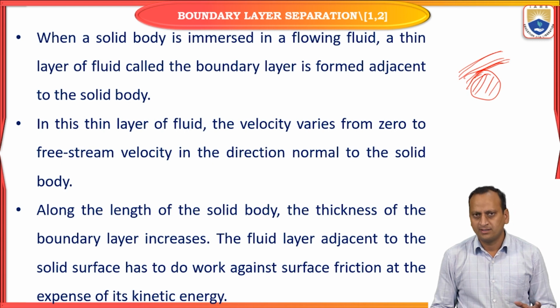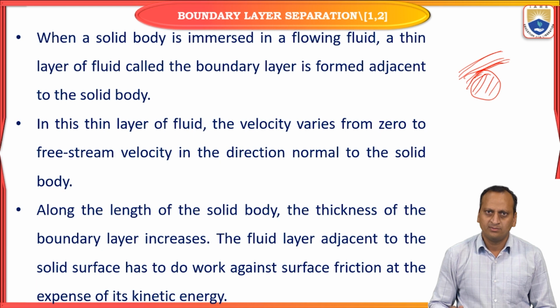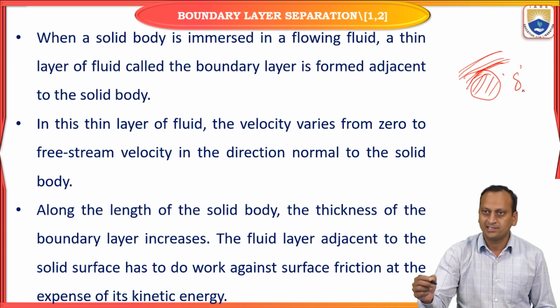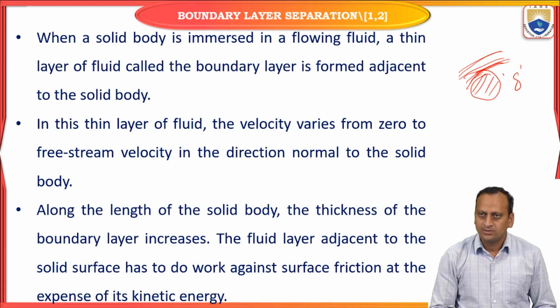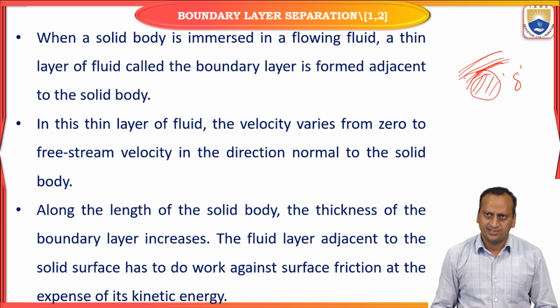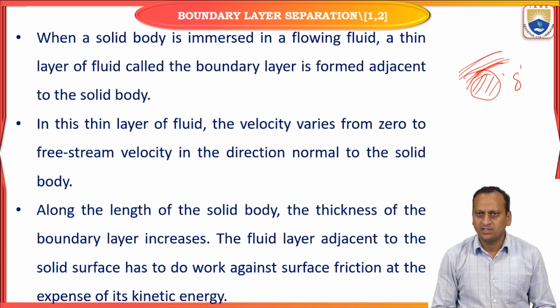If the flow is converging, the velocity will be greater and the pressure will decrease, and the thickness of the boundary layer will decrease. The boundary layer thickness is denoted by delta, and it decreases in case of acceleration. But when the fluid is retarded, or in diverging passages, the thickness of the boundary layer increases.